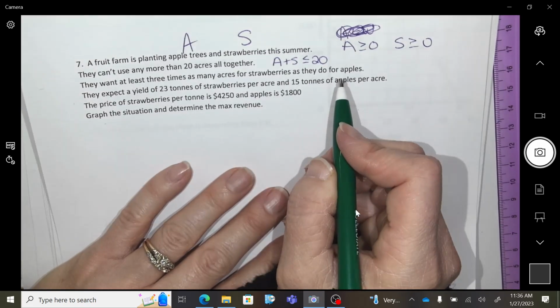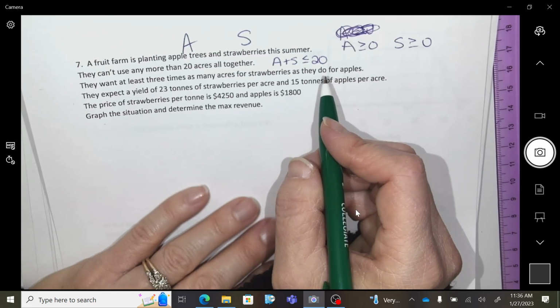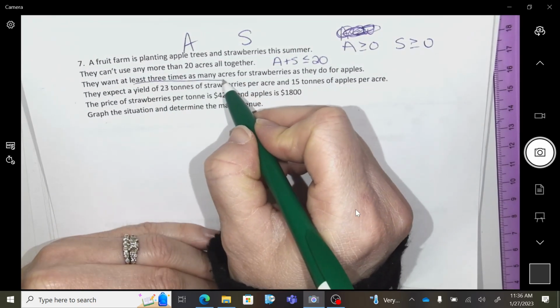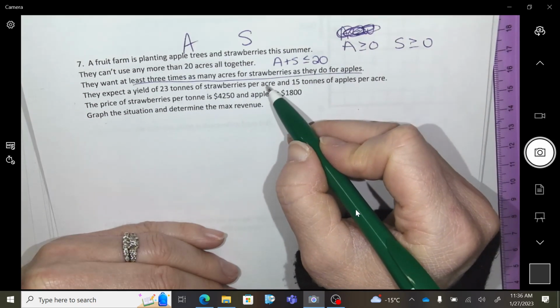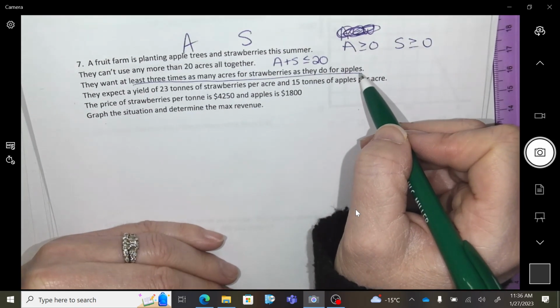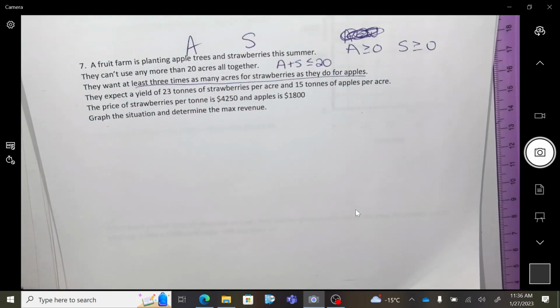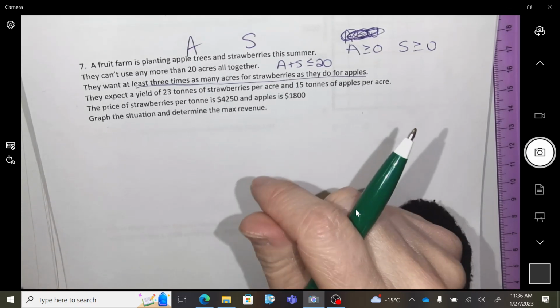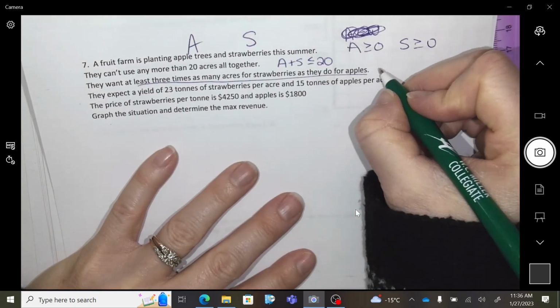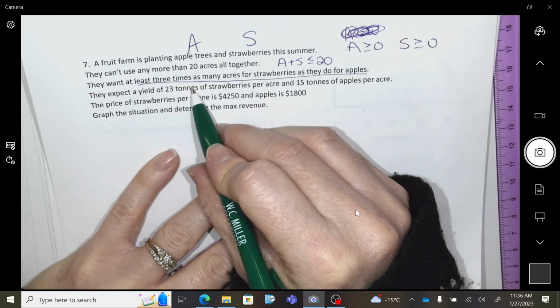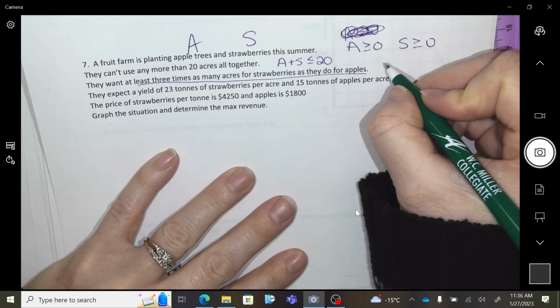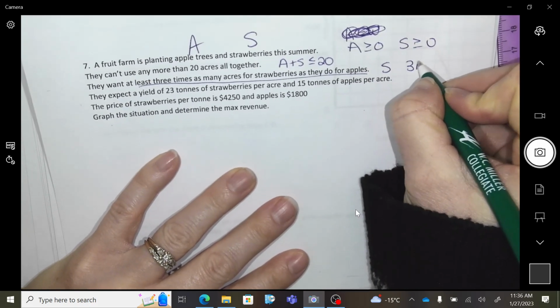Okay. You want at least 3 times as many acres as for strawberries as for apples. What's my hint on those reading? Put the 3 on the other one. So put the 3 on the A. So strawberries, 3A.